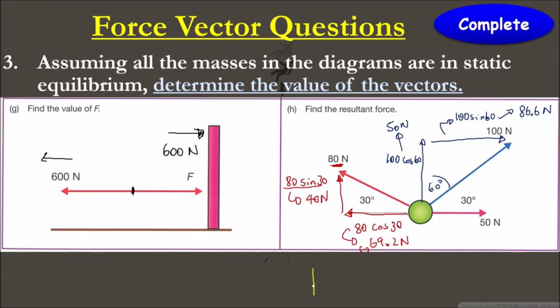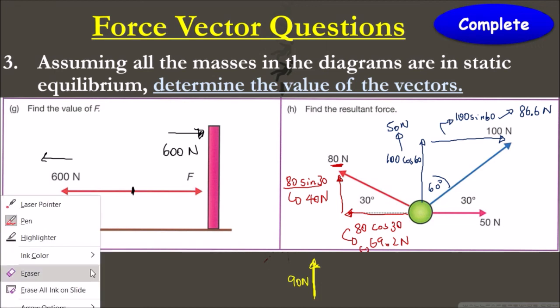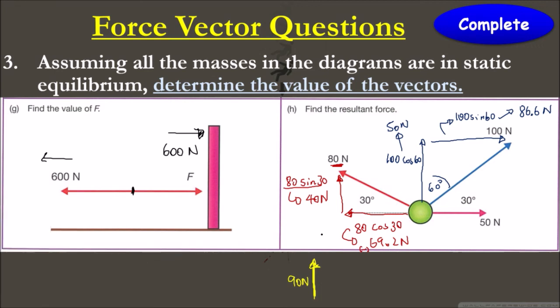The net force is to go upwards. Okay, it's to go up like this. We have 40 newtons contributed by the red line and 50 by the blue line. So we have a net force of going up by 90. And if we have a look in terms of what motion we have horizontally, we have negative 69.2, positive 86.6, and positive 50.